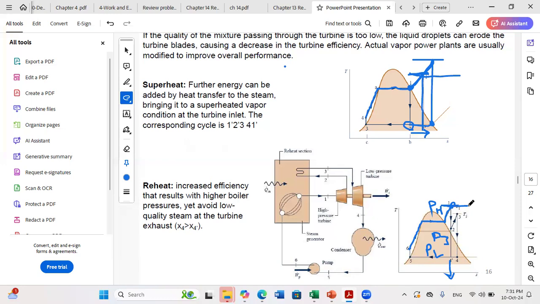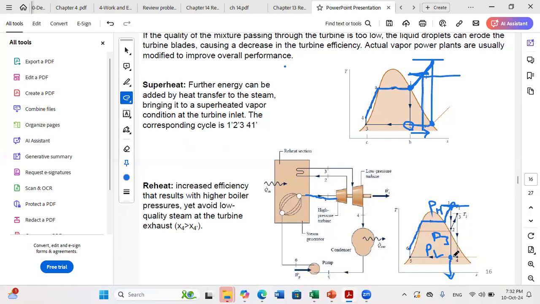You say, let me now stop here. I don't heat anymore. And I take my fluid to a first stage turbine. This first stage turbine will expand my fluid from high pressure to intermediate pressure. So I will not do a complete expansion, because a complete expansion will give me a quality X4 prime that is maybe not satisfying.